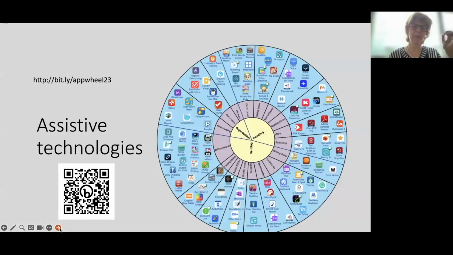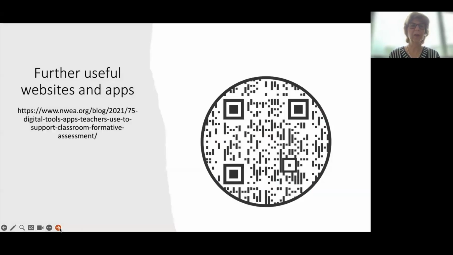I have put some apps and assistive technologies on this slide. And there will be a YouTube recording available. So if you want to take a snapshot of this later, that's possible. If you take a photo of the link, it will take you to some assistive tools that can be used to support neurodiverse students and, again, support other language learners in general.